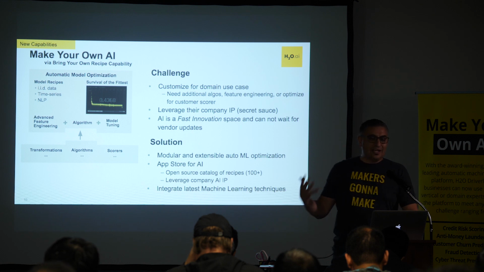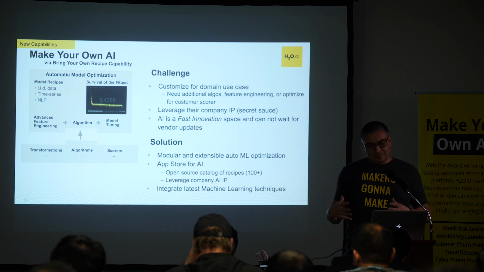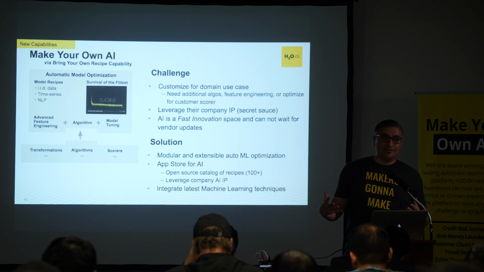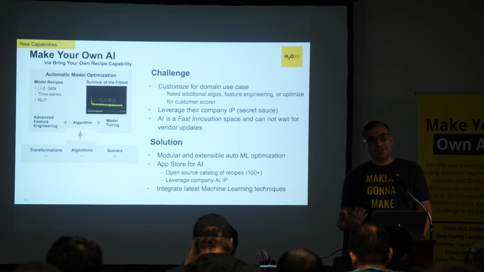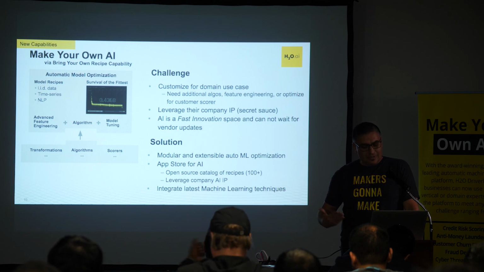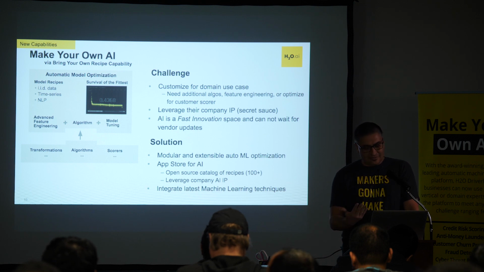And so what we've done is we've taken this machine learning optimization framework and tool platform, and we've opened it up, right? We extended it so now it's pluggable. So with that, you can plug in your own transformations for feature engineering. You can plug in your own log loss functions for custom scorers, or you can extend it with additional algorithms, right?